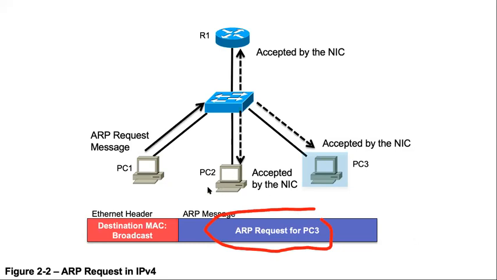So all the NICs must accept this Ethernet broadcast, and then the ARP process must check this ARP request to see if the IPv6 address in here matches it. And as you may remember, everybody goes, nope, not me, nope, not me. And then finally this device goes, oh yeah, that is me that you're looking for. But it has to be processed by all devices.